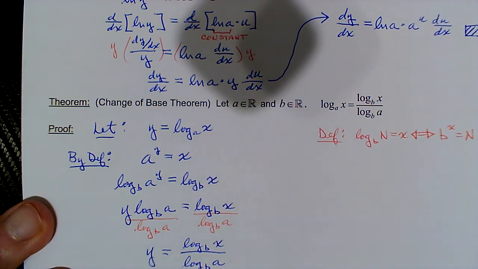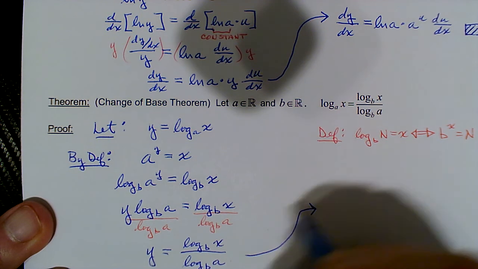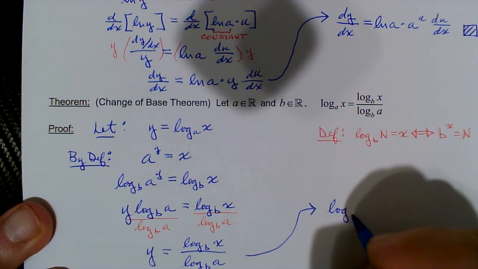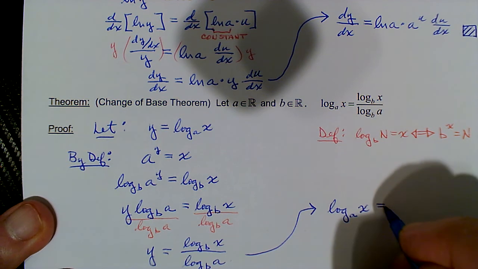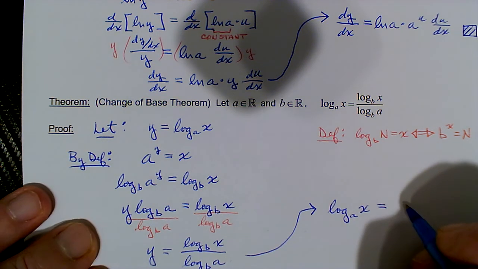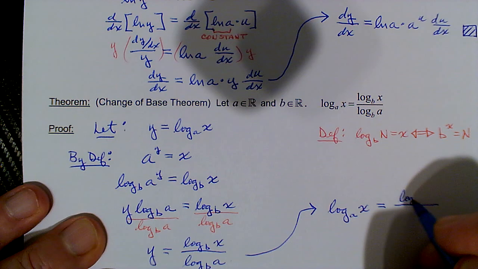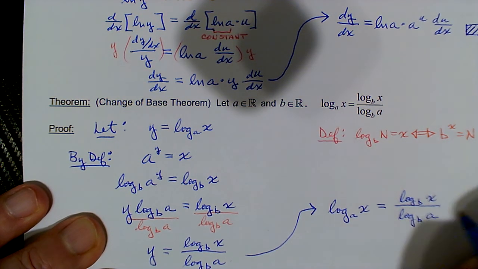But if you want to make one more final statement and replace y by what it was originally defined to be, log base a of x, then we have proven that log base a of x equals log base b of x over log base b of a. And that formally ends the proof.